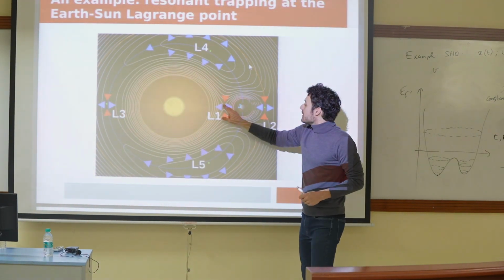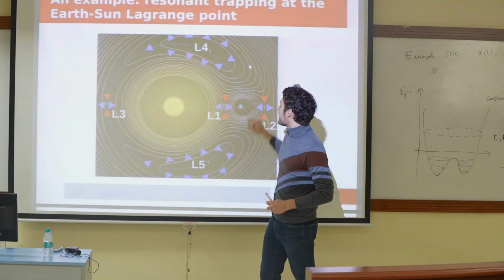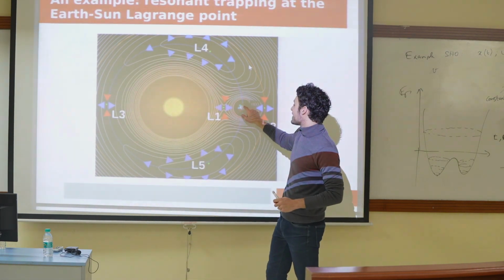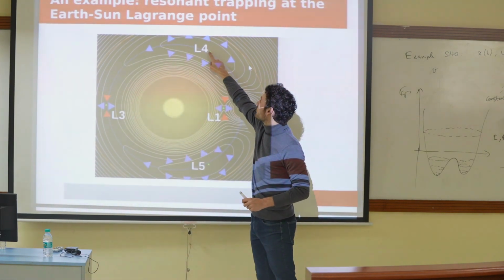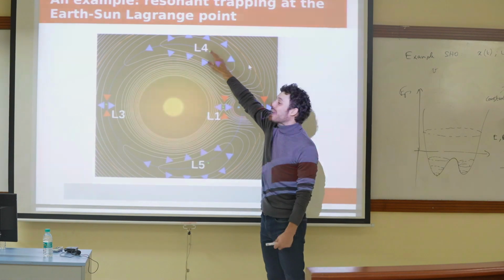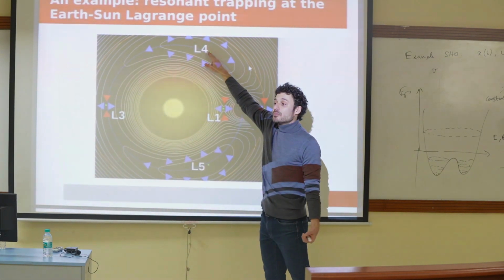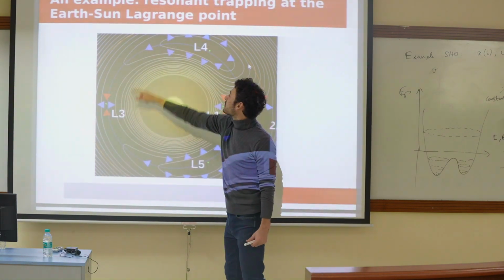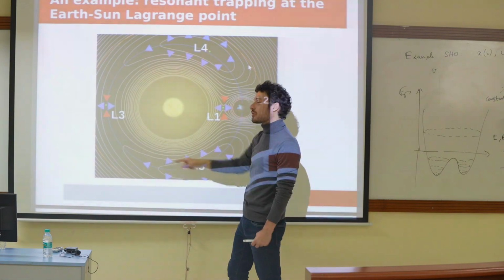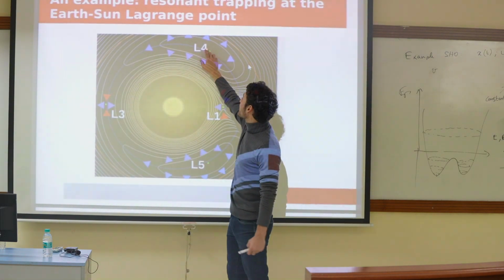So if you rotate with the same period as the Earth, and you're located on L4, for instance, you won't feel any net force from the system, which means that you won't move. Any object moving on a circular orbit with a 365-day period will remain there. It's going to be trapped here.